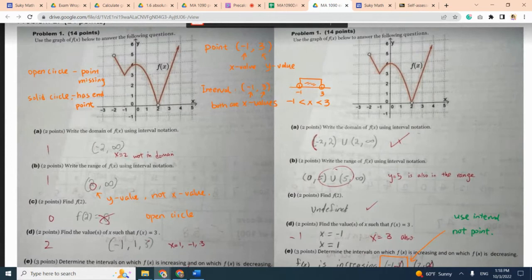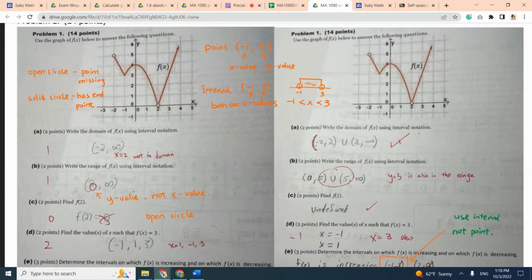Both of them are x values. You mean the x's between -1 and 3, not including the endpoints. An open circle means that endpoint is missing. A solid circle means it has the endpoint.